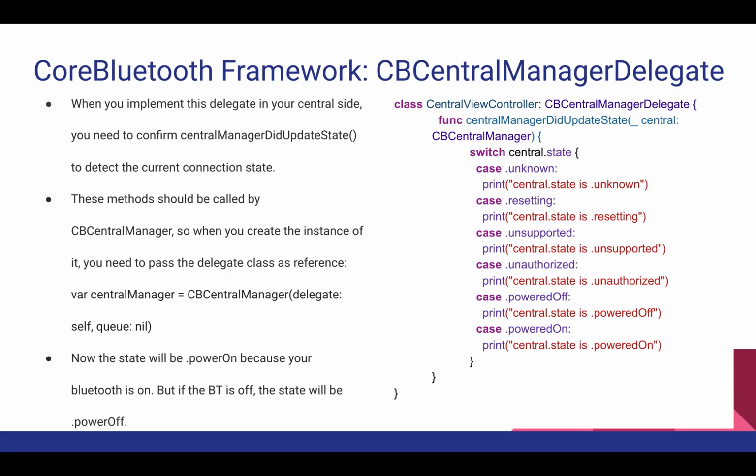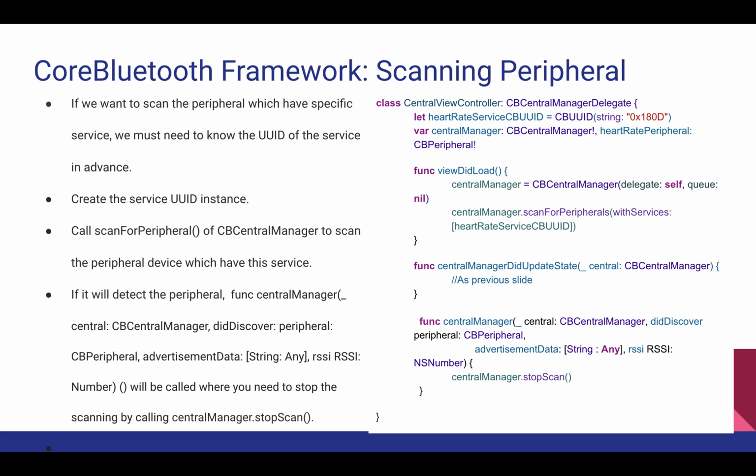If we want to scan for a peripheral which has a service, we must know the UUID of the service in advance. Create the service UUID instance, then call scanForPeripherals of the CBCentralManager to scan for the peripheral device which has this service.